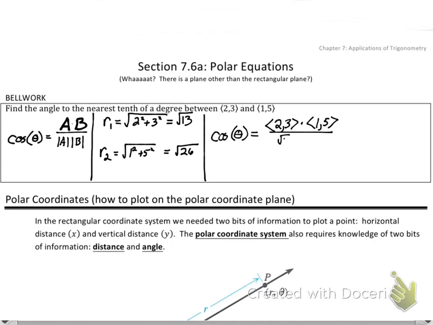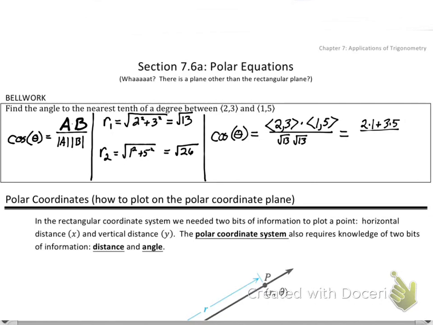Dot product is basically, I just multiply my two A values, multiply my two B values, and add that together. So that's going to be 2 times 1 plus 3 times 5.